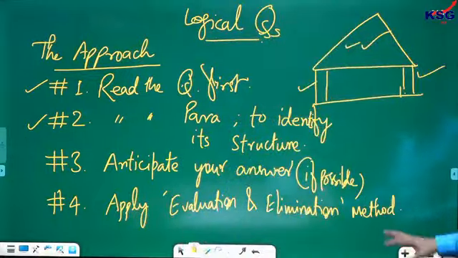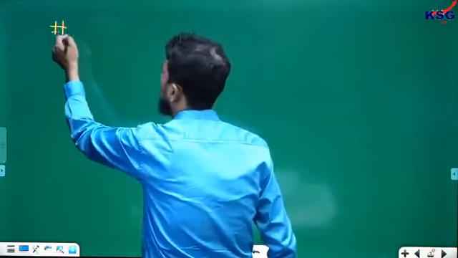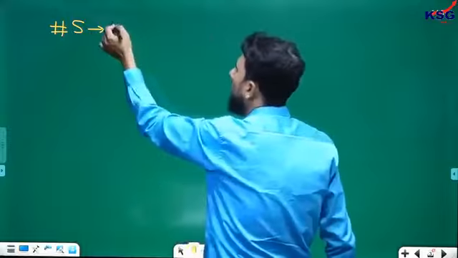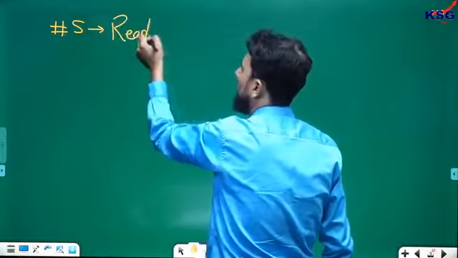Now point number 5, let me just finish these points and then we'll go to the questions. Point number 5 is, whenever you read, you are supposed to read for implication.